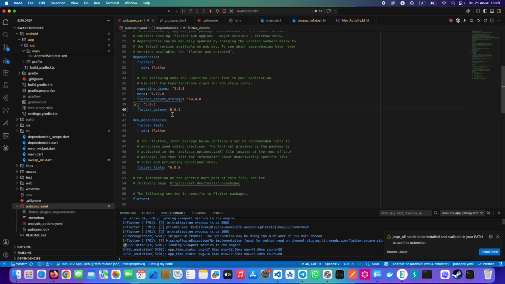But flutter.env, if you use only this way, it means that this flutter.env will be downloaded in your Flutter application. Make this one, it's very interesting that it helps.